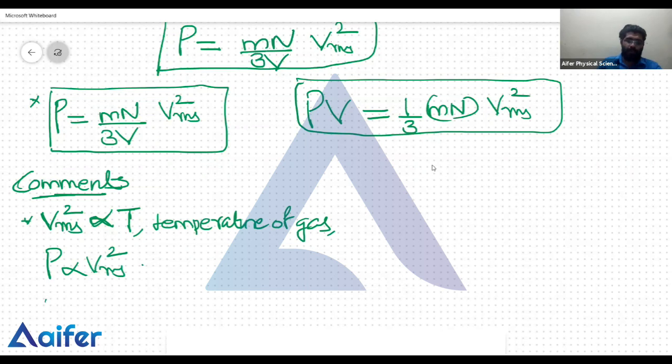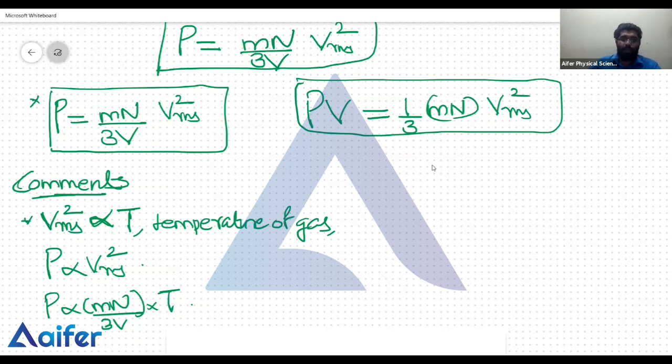So I could write P is proportional to mN by 3V into T. So pressure is proportional to temperature for a given volume and given mass. What does that law tell you? For a given volume, pressure is proportional to temperature, which is nothing but Charles's law, right? We will come to that. Anyway, keep in mind Vrms is proportional to temperature of the gas.